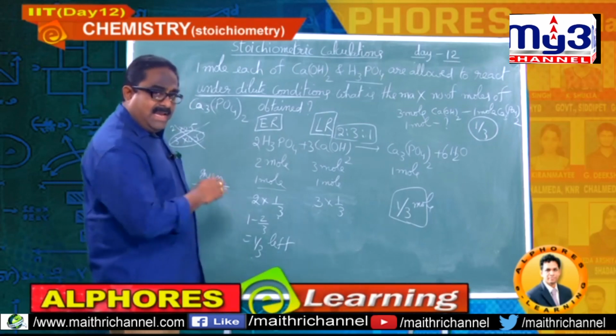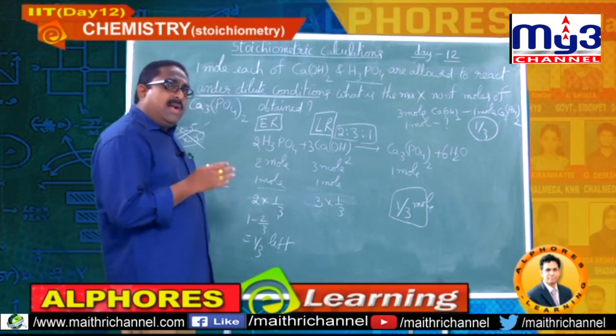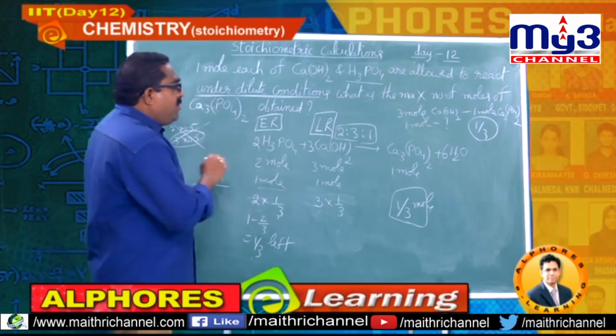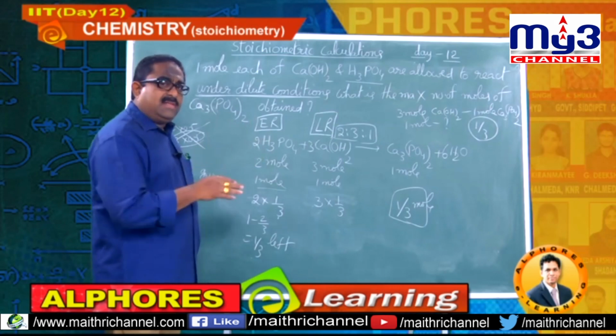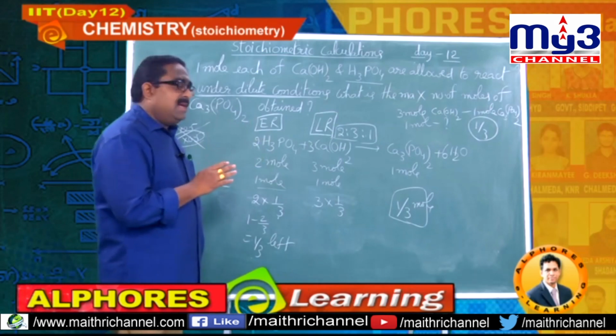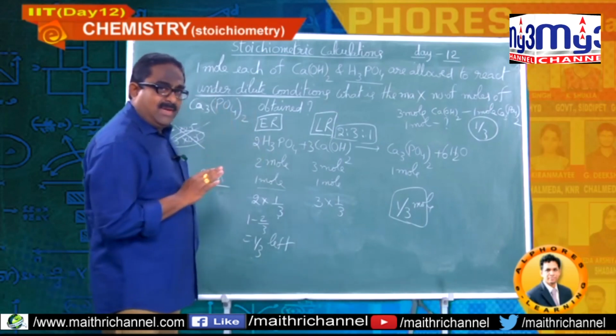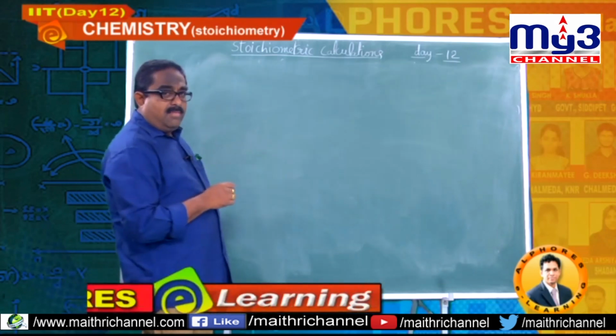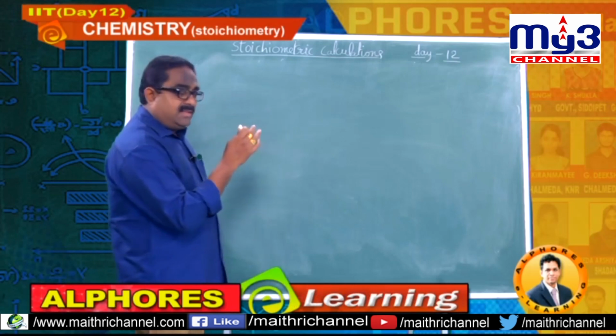For the same question, I have already told you I am going to give you a technique. The moment you see the question, based on the technique you can fix the limiting reagent, then you can easily calculate. Okay, students, please note it down. I am discussing the same question with that technique.